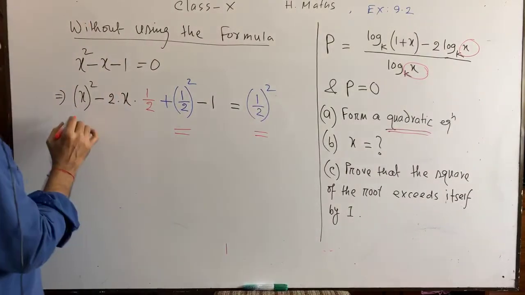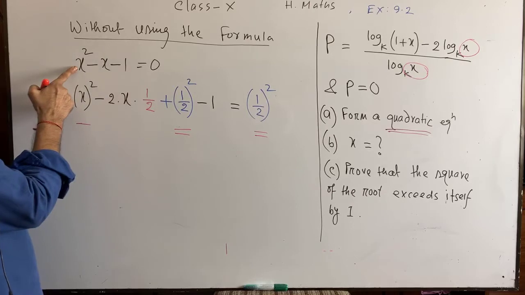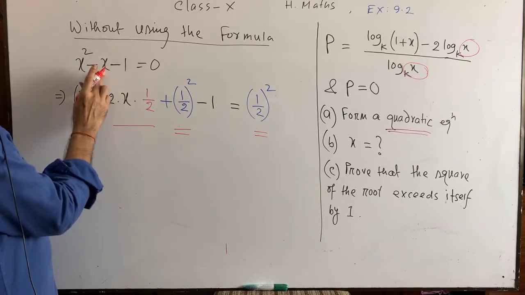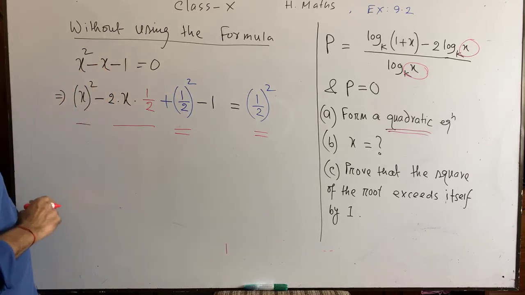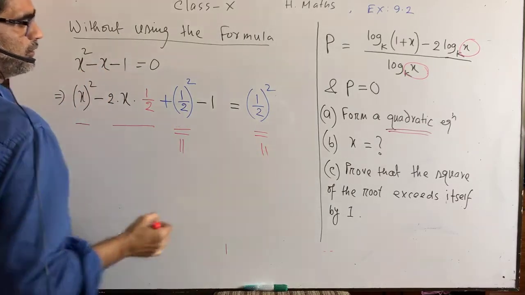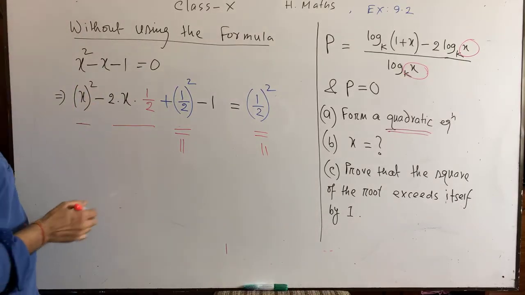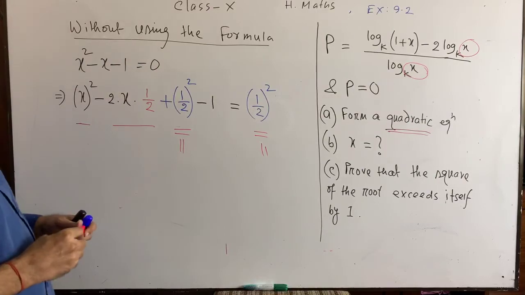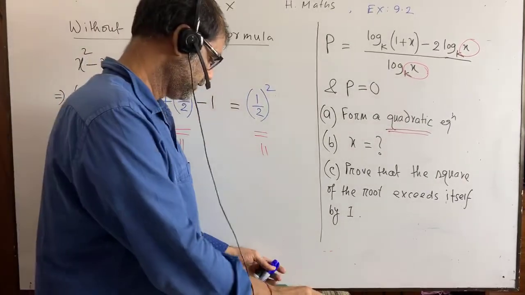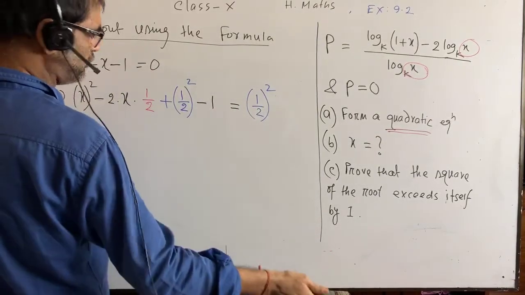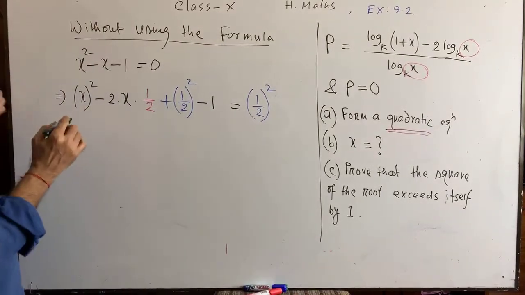Now you see, this is x square, this is x square. After calculating, we will get only x. This is x, that is minus x. I told you this and this have been added to both sides, and this is minus 1, this is minus 1. As a result, we are getting the formula of a minus b whole square on the left hand side.